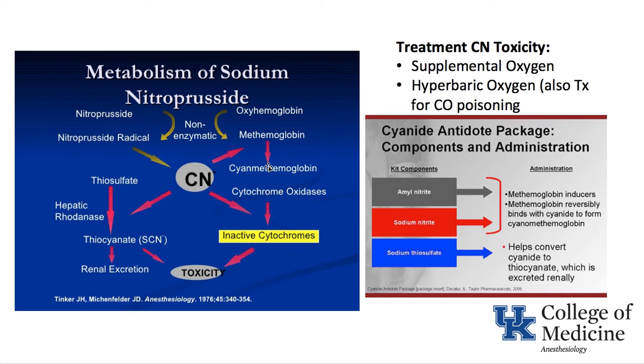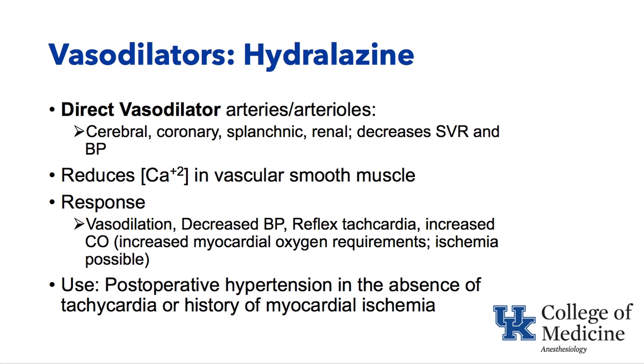Sodium thiosulfate helps convert cyanide to thiocyanate. It's a sulfur donor and then is excreted renally. So amyl nitrite and sodium nitrite oxidize iron from Fe+2 to Fe+3, methemoglobin, which then can bind cyanide, or bind it with sulfur and excrete it. But give them lots of oxygen in the meantime.